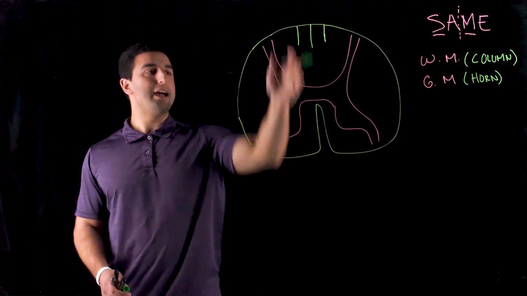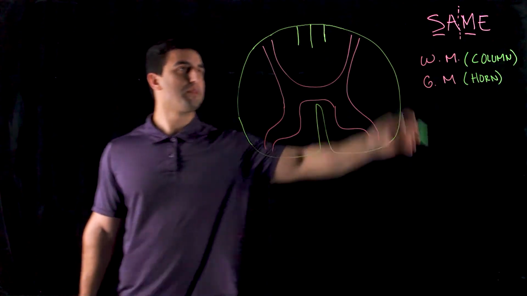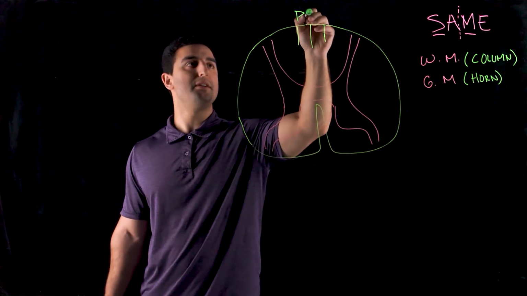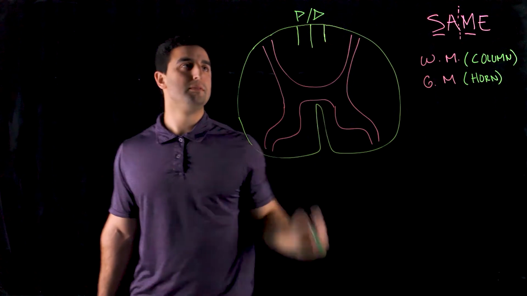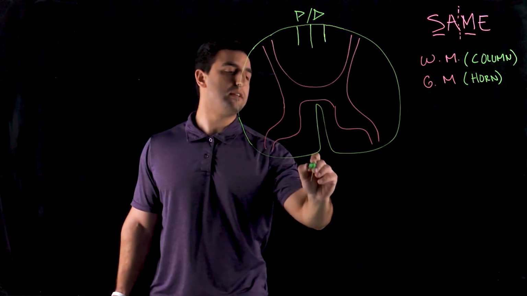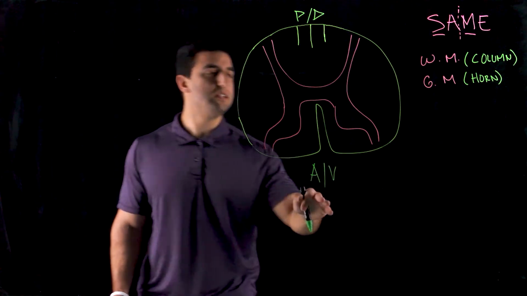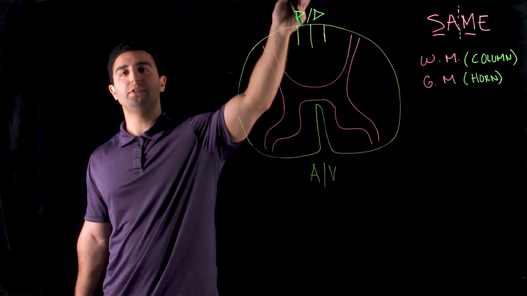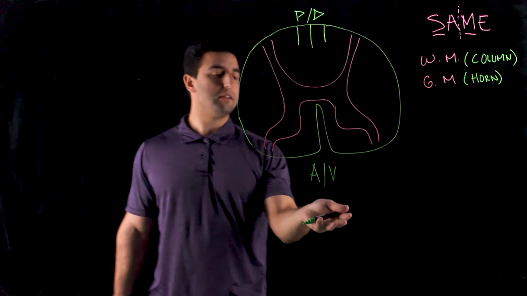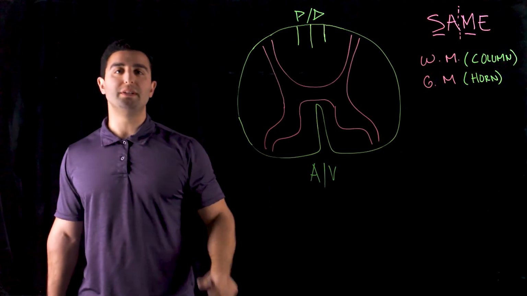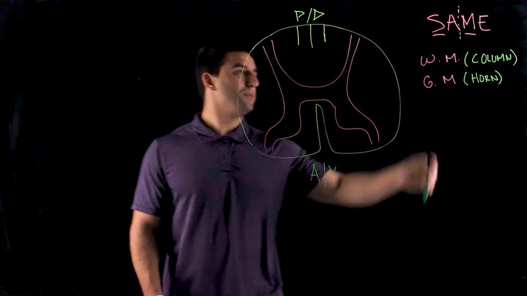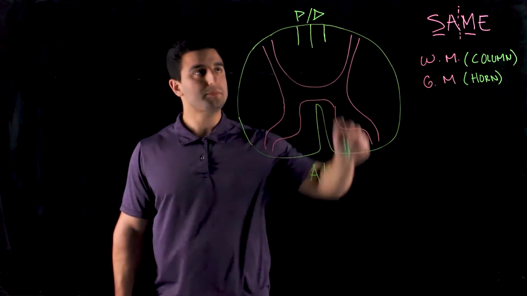Now, we want to look at the direction of where everything is. In the back, it's called either posterior or dorsal. In the front, it's called either anterior or ventral. If you see these words, this is what they mean. Now, we already have these combinations.